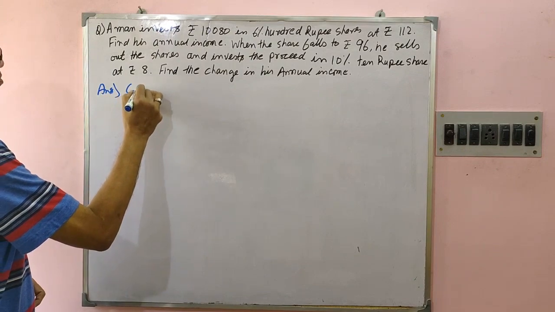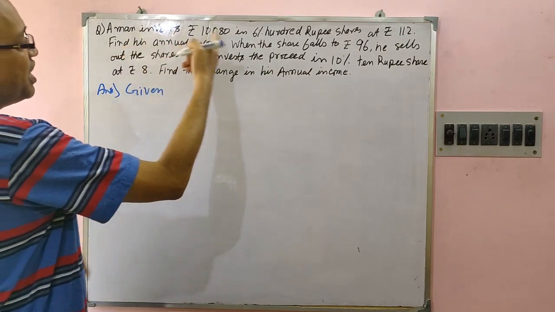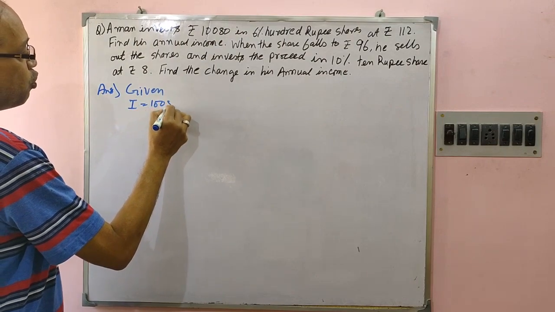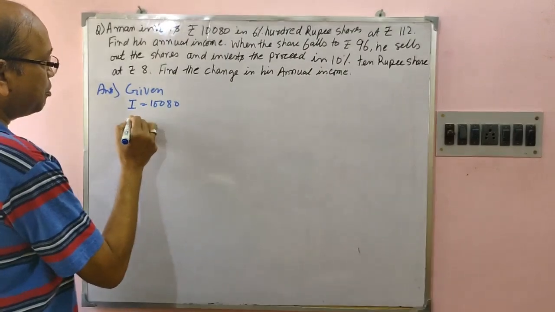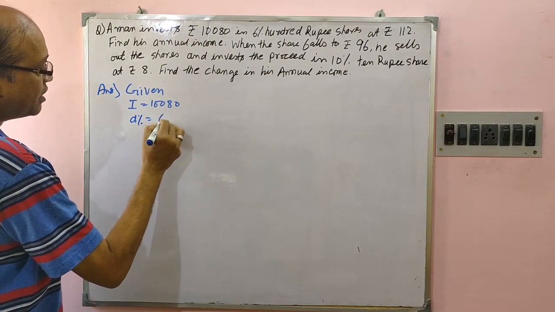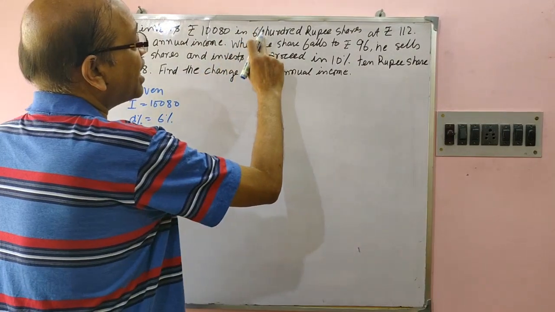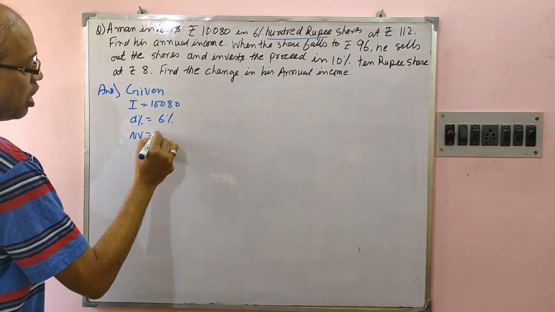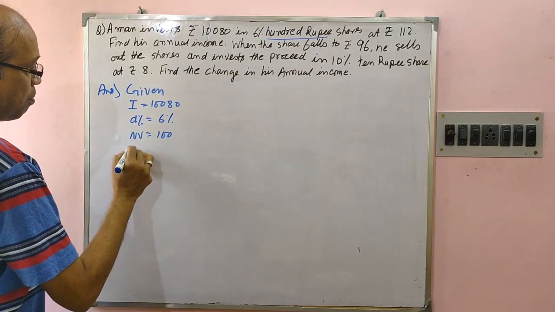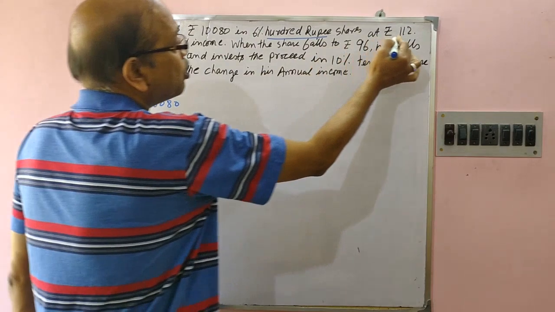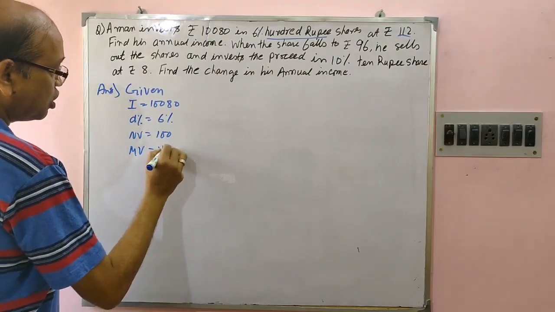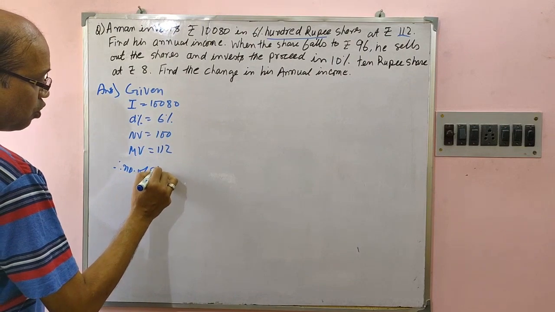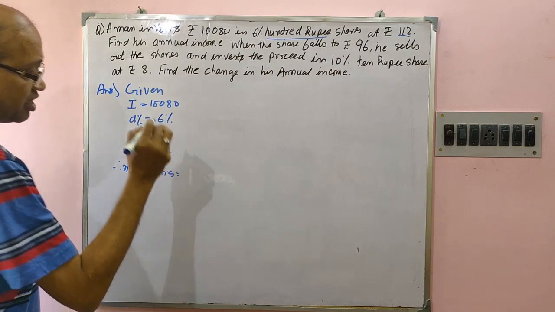What is given? Given investment 10080, D percent 6%, nominal value 100 rupees, market value 112 rupees. From here, can I find the number of shares?